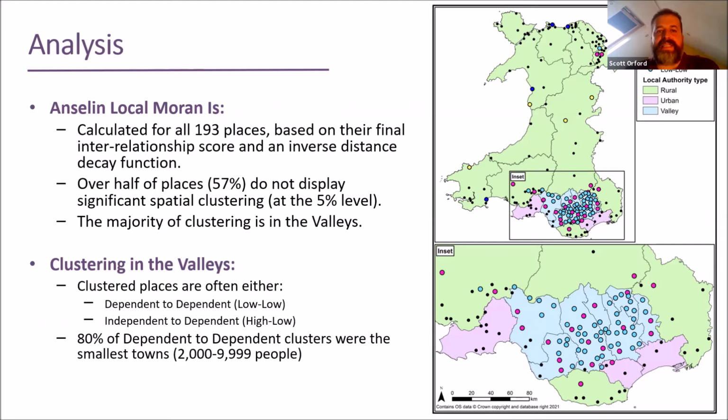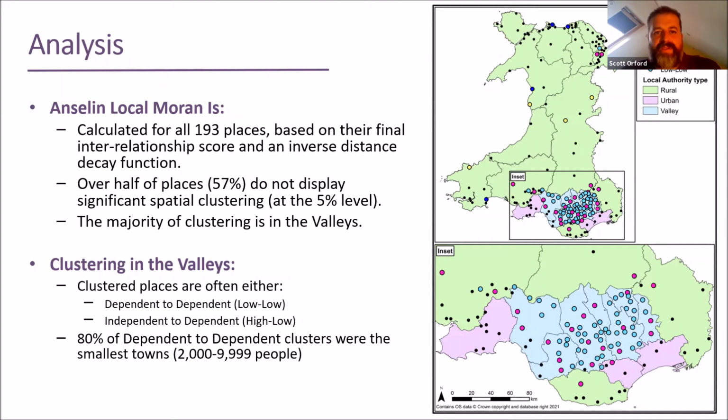So we can calculate a statistic here called a local Moran. It's just a spatial clustering statistic. And it comes up with a classification of whether or not places of similar dependency score are near each other. And then we can map the data.